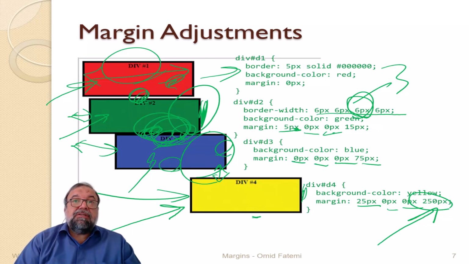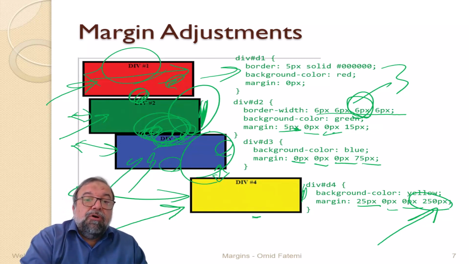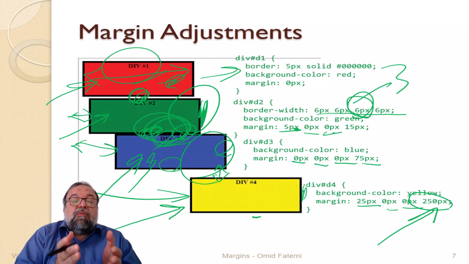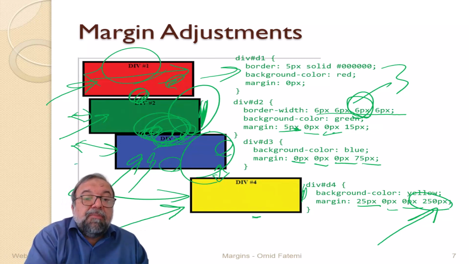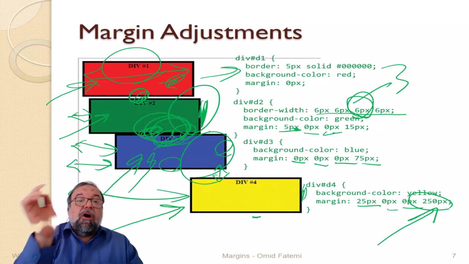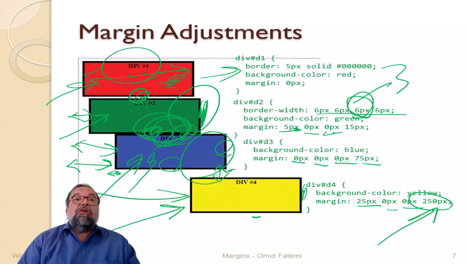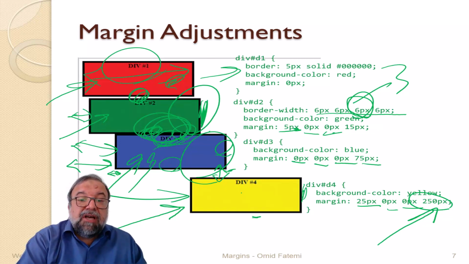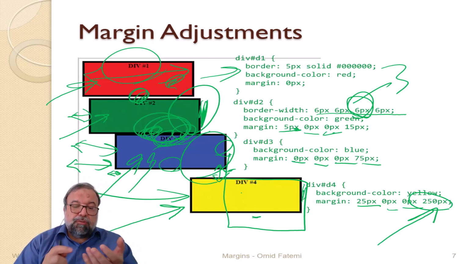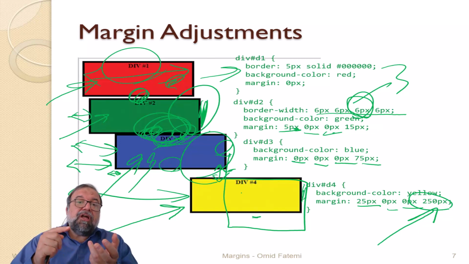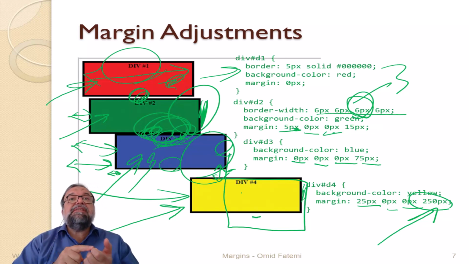Why? Because, for example, the blue box is 250 pixels wide, but it has a margin of 75 pixels. Also, it has a border of 6 pixels here and here. So if we would like box number 4 to be laid out here after the blue box, we should put the left margin as 250 plus 75 plus 6 plus 6.